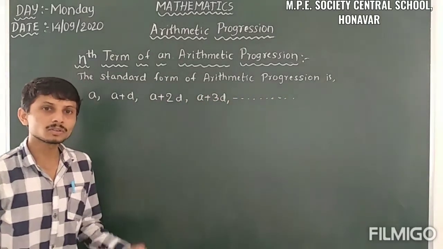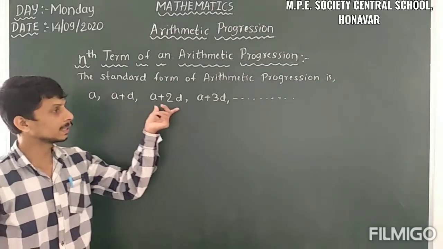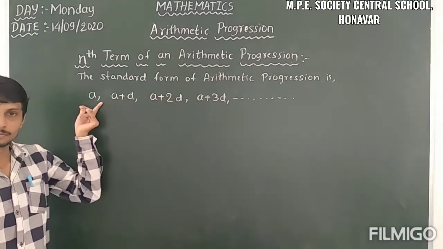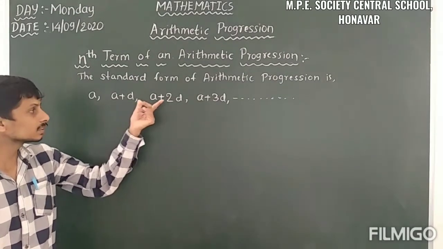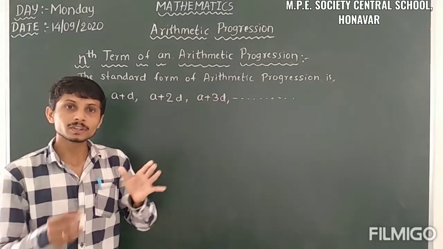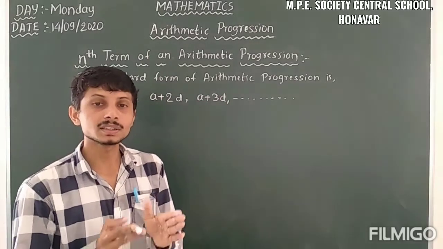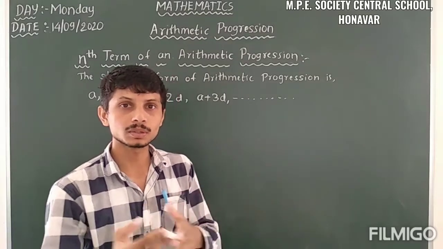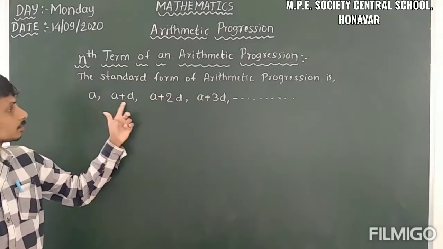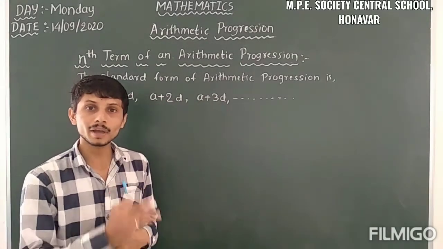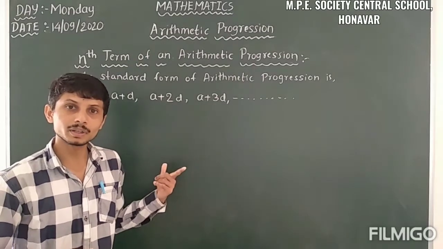So this is the first term, this is the second term, this is the third term, this is the fourth term. With the help of those numbers, 1, 2, 3, 4, that means first term, second term, third term and fourth term, we have to express all the terms. How do we express that?